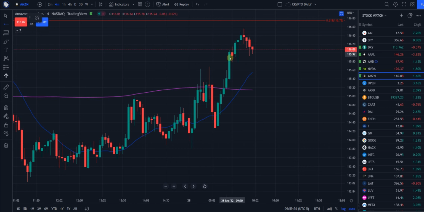You see right here, it consolidated, came in and hit it, kind of on a time count, so you go long. And guess what? The next candle comes in red, down to the downside. As soon as you take out the candle you got in on, thinking it was going to go up, that's where you should obviously get out of the play.